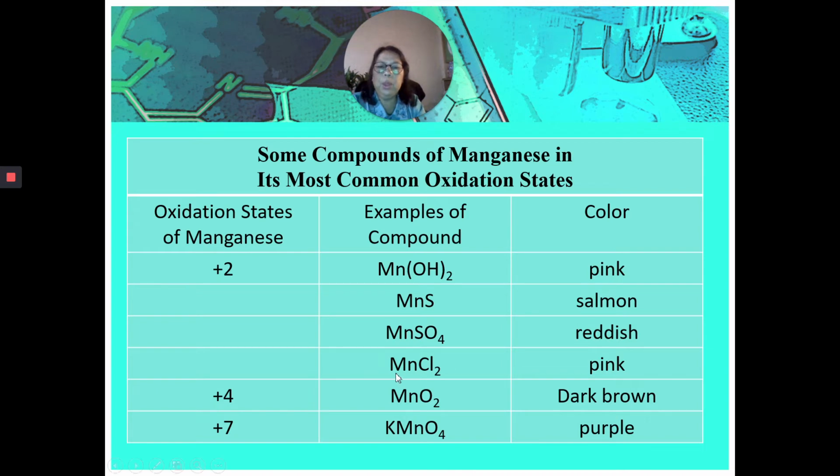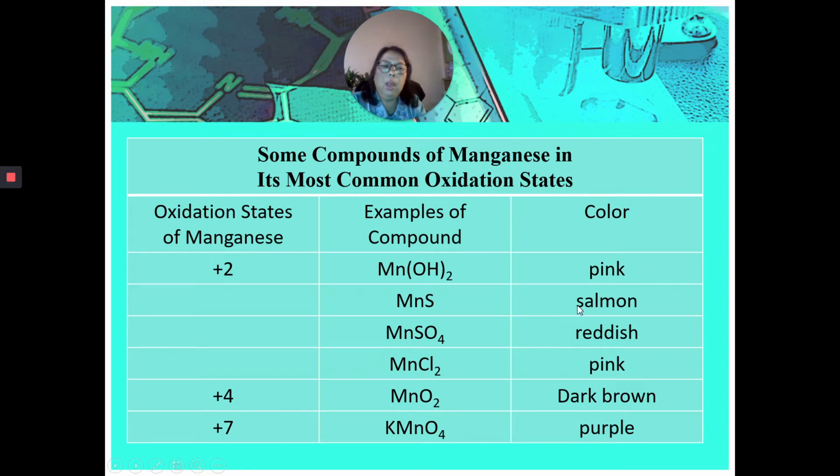So if you're going to notice, manganese plus 2 includes this manganese chloride, working with halogen. Their color goes with the shade of red for the plus 2. Pink is within the shade of red.